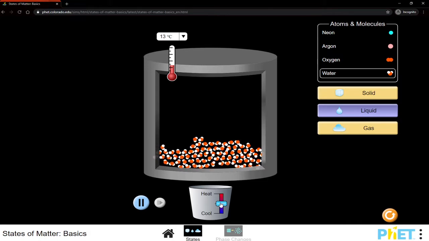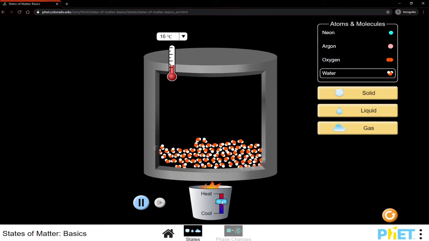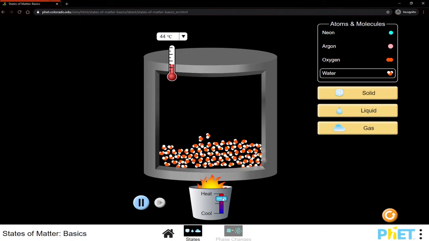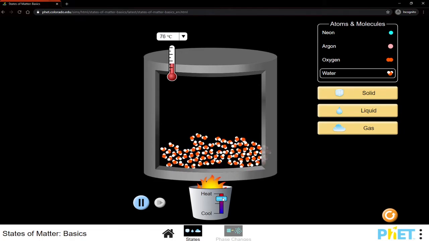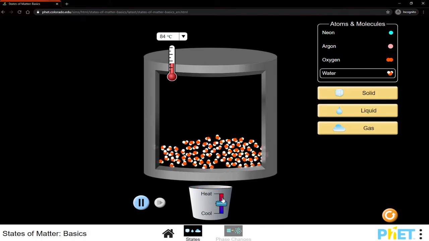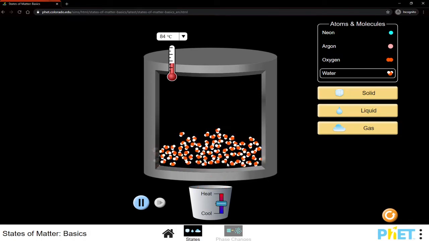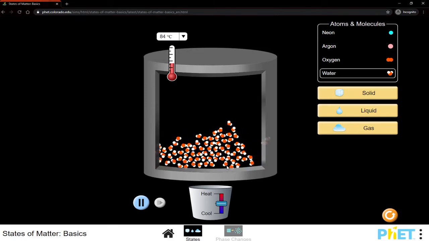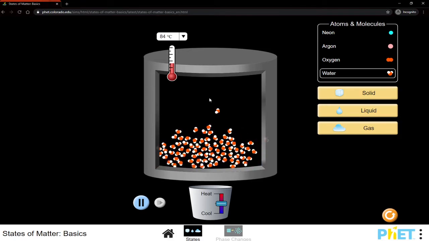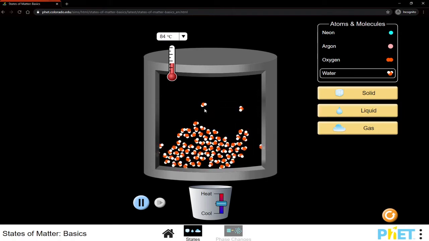Now, as I begin to heat it, of course, there's a distribution of energies. Temperature is an average kinetic energy, so as I start to add energy, some of these molecules might get enough energy, even before the boiling point, to get shot off into space. So now we're at 84 degrees Celsius, and now they're really spinning around, right? It's still clearly a liquid, but you'll see now we have a gas molecule of water up here, okay?